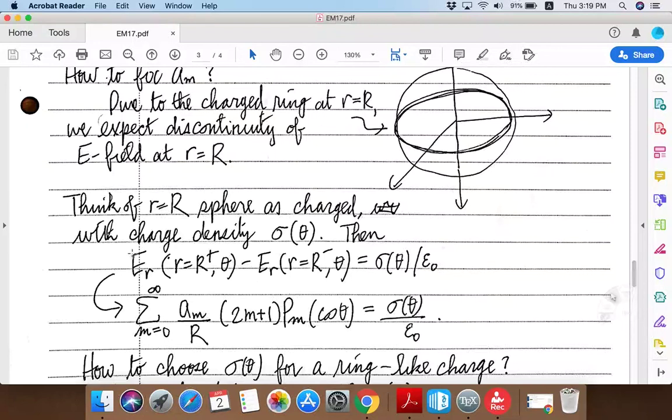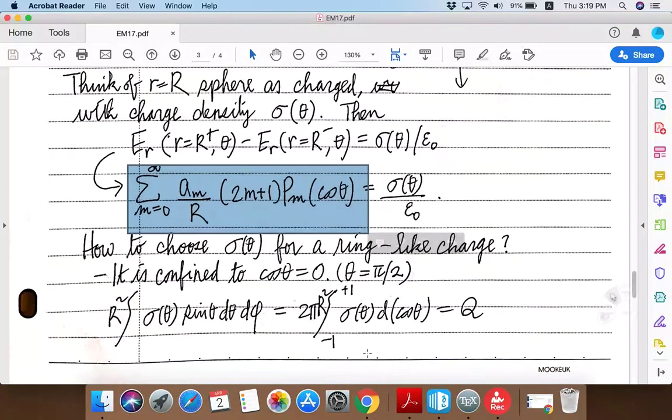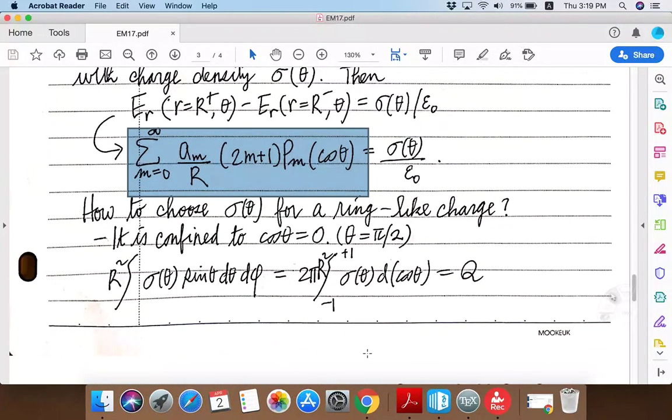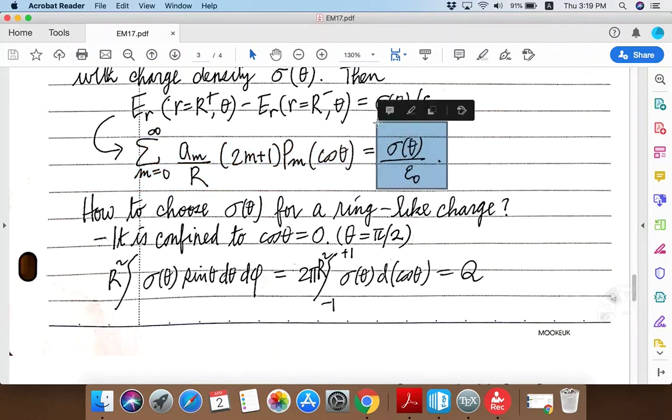This difference is equal to that expression, as you can no doubt verify for yourself with only a short amount of calculation. So this is some infinite sum of the Legendre polynomials, and that infinite sum has to somehow reproduce this charge density function on the right-hand side.